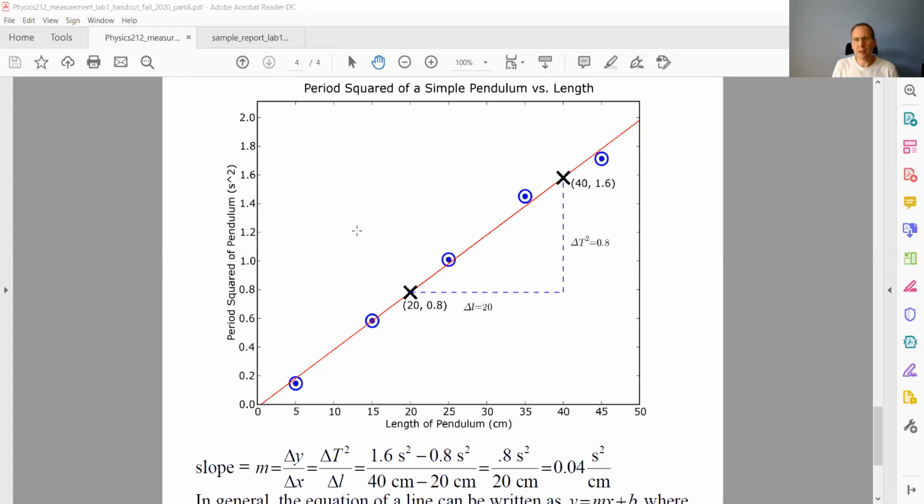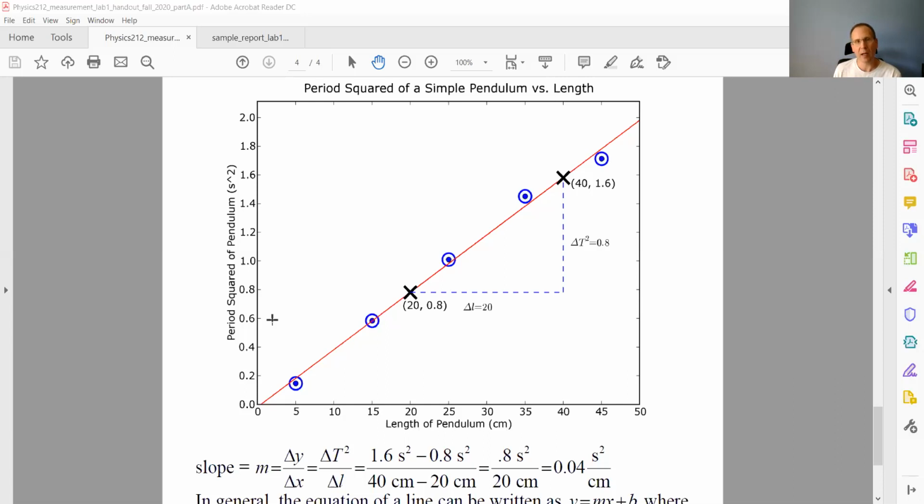One of the questions I'm going to ask you to answer in the lab report is to come up with an equation that gives the period as a function of the length. We're going to use this idea from this graph to help us come up with that equation.